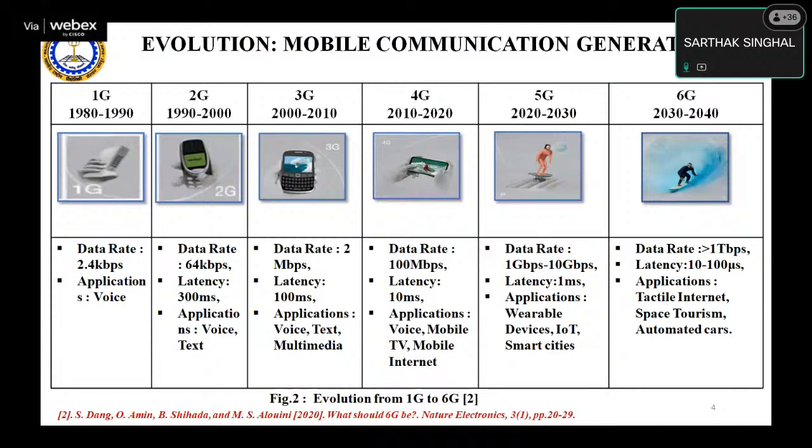Massive MIMO requires nearly 100 or more elements at the transmitter side and 100 elements at the receiver side. Whereas in case of 6G, it is assumed that there will be a requirement of around 200 to 400 elements at the transmitter and receiver side both to achieve this latency and this data rate.